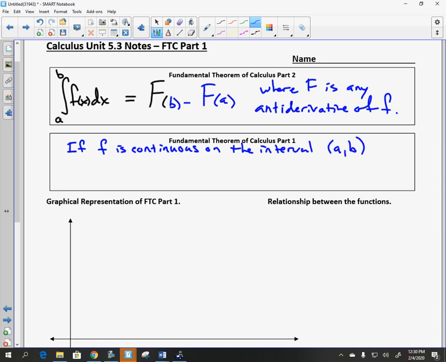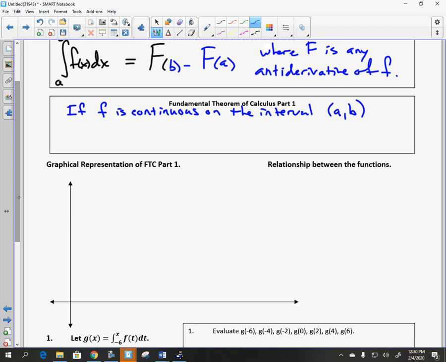So I've got this function f on the interval AB. Everybody good?